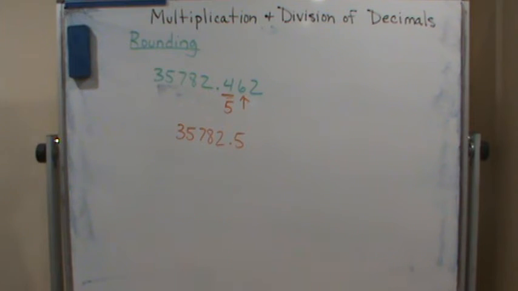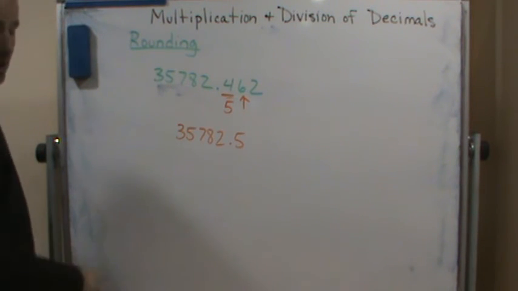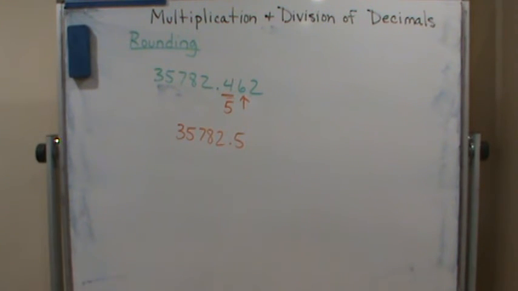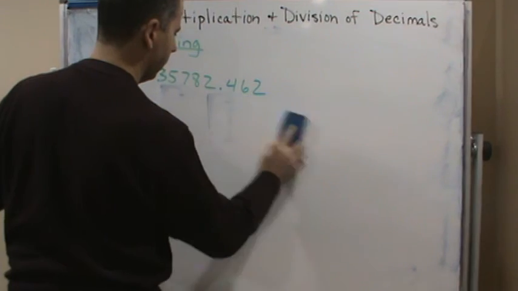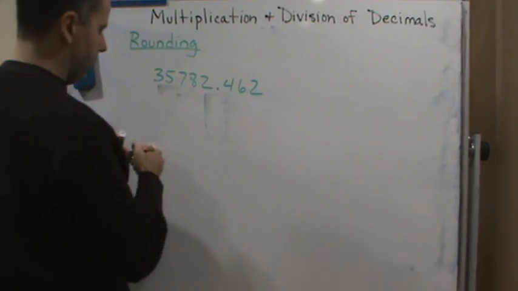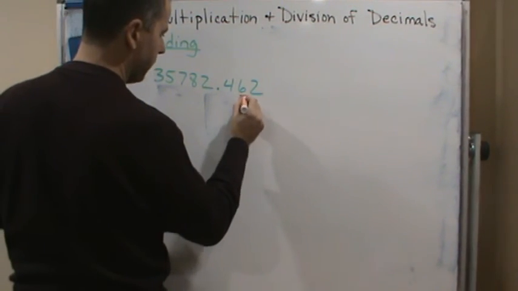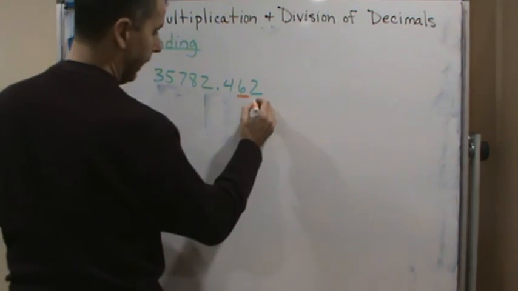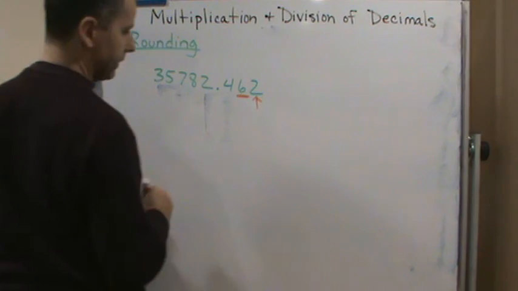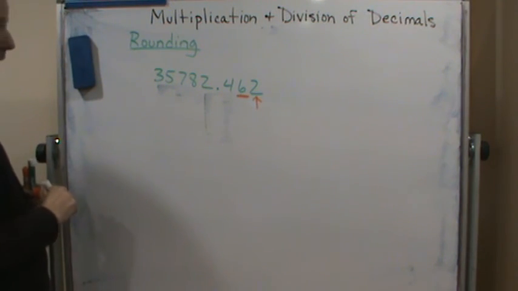Okay, and what if I wanted to round to the nearest hundredth? Well, now I'm looking at the hundredths place value, and I'm going to look at the digit to the right.